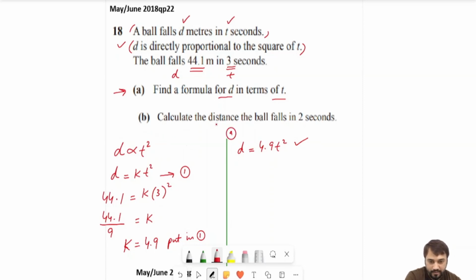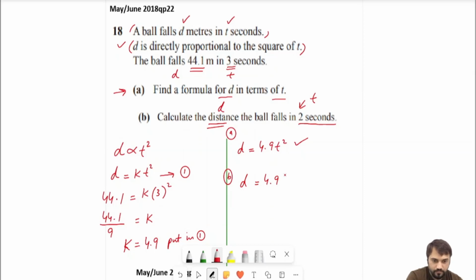In B part, calculate the distance the ball falls in 2 seconds. We need to calculate the value of d when t is equal to 2 seconds. Distance, that is d. So d is equal to 4.9, the value of t is 2 square. 4.9 into 4, 19.6.